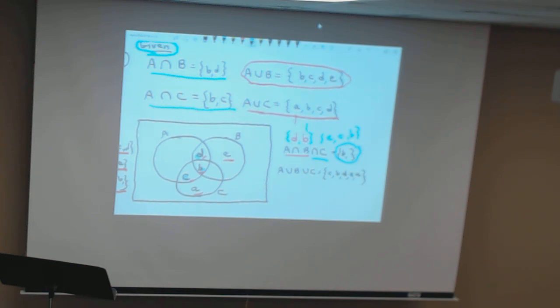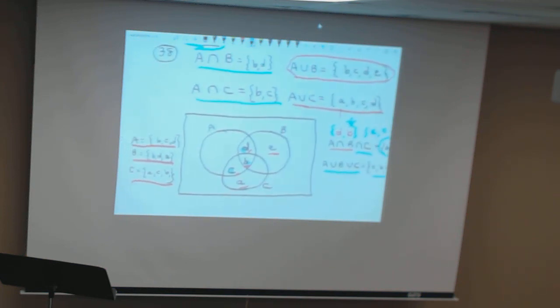Only at B. And then the last one is the union of A and B and C. If I put A and B and C all together, that's going to be A, B, C, D, E. And that's it. And we still finished 5 minutes early.